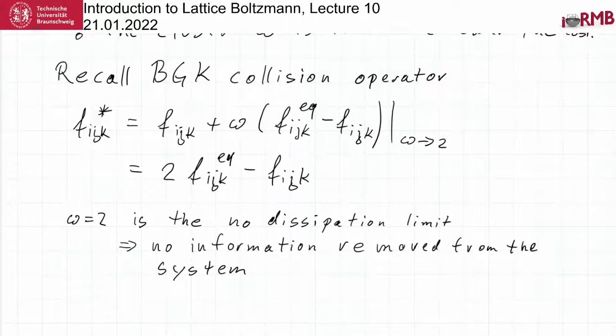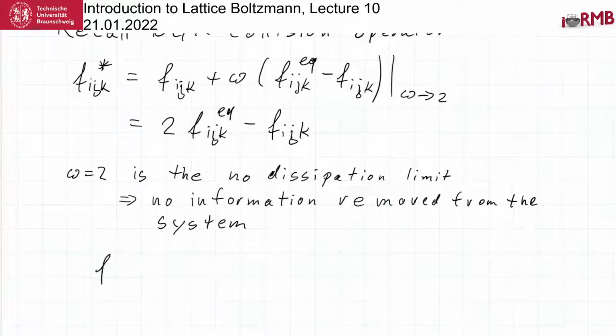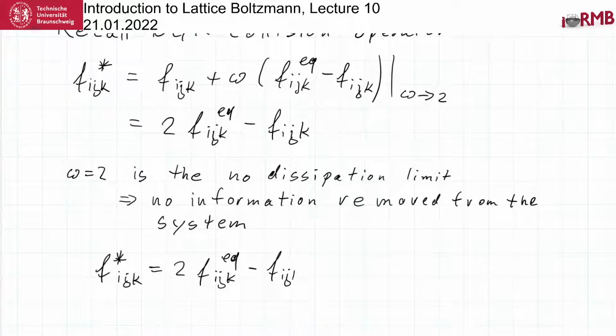So why do I say this? Let's look at this again. Say we have the post-collision state, F*ijk, and this is supposed to be 2Fijk equilibrium minus Fijk. What goes into the collision is Fijk. What comes out of the collision is F*ijk.